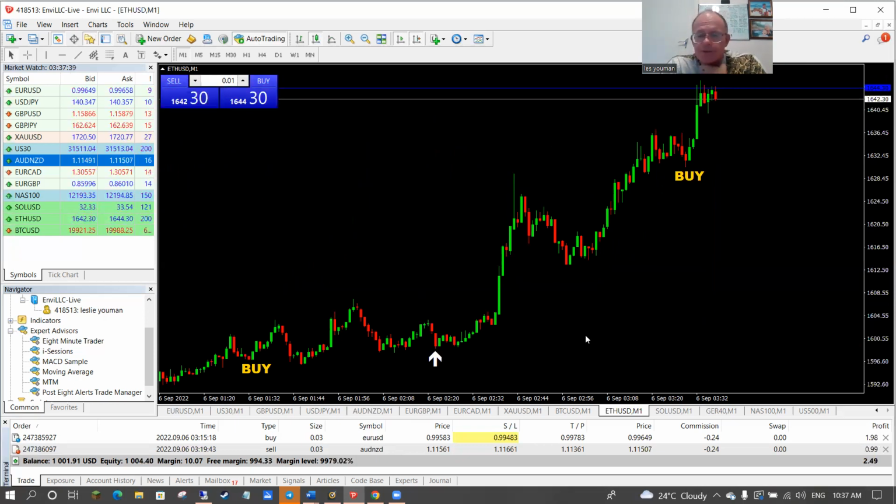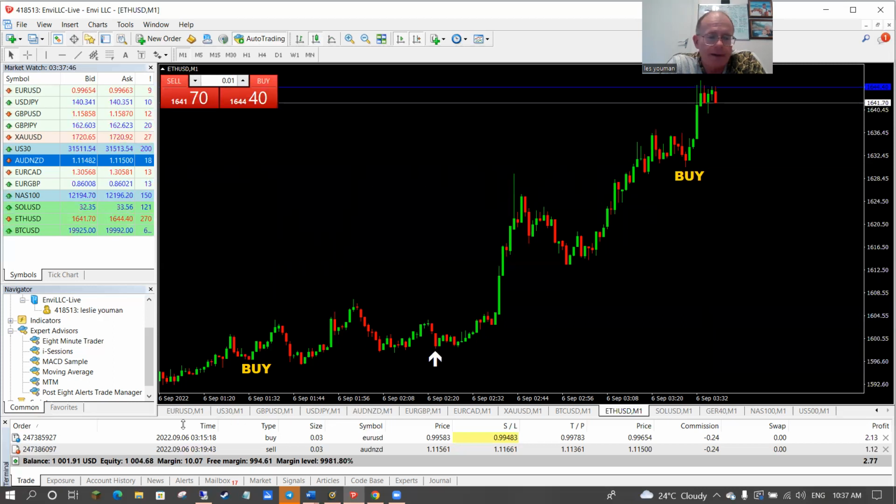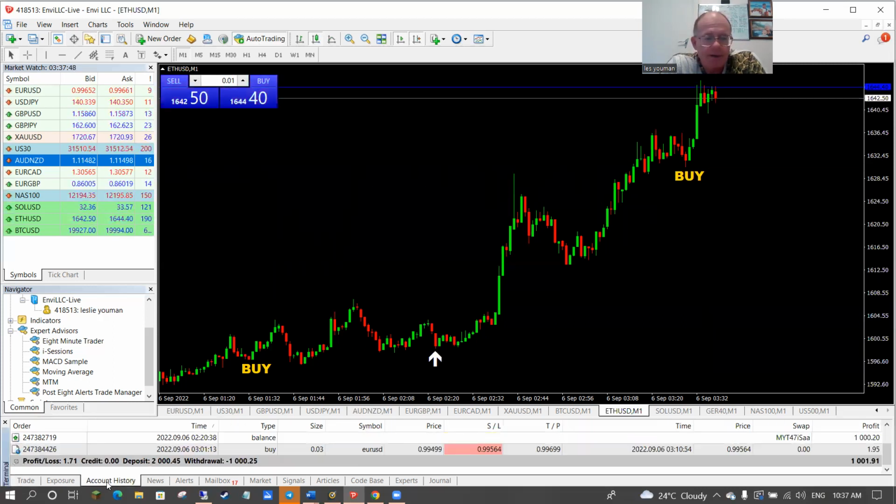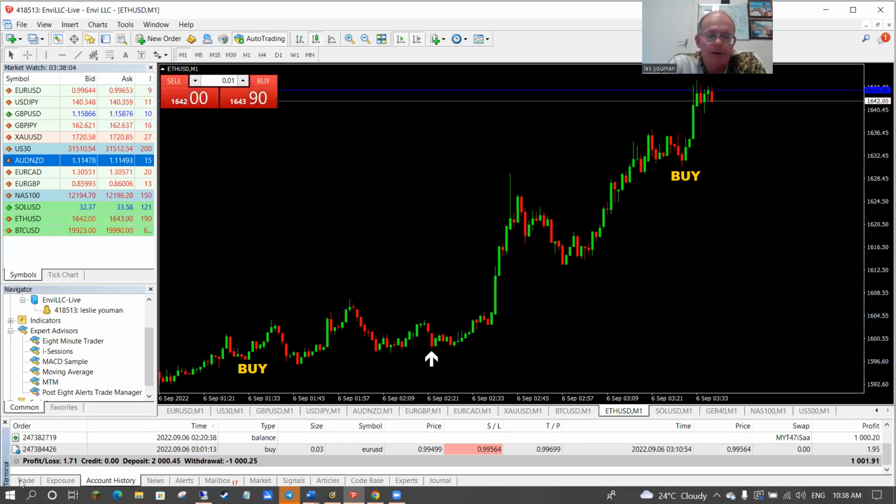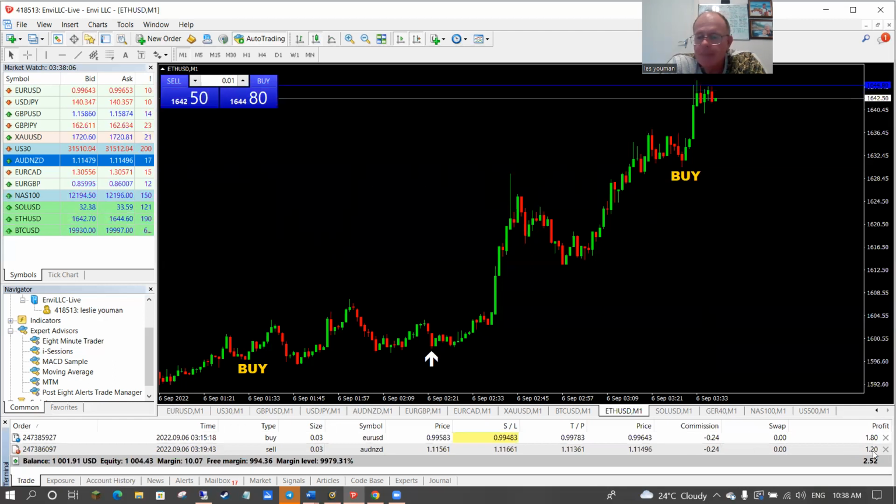I thought it was a bit slow, as I said, talking, and missed out. Of the 3 trades that we did take, the one that's closed, the first one, almost hit the take profit and then retraced back to our trailing stop loss, but still a profit. We still have 2 trades going, and both of them are now in profit.